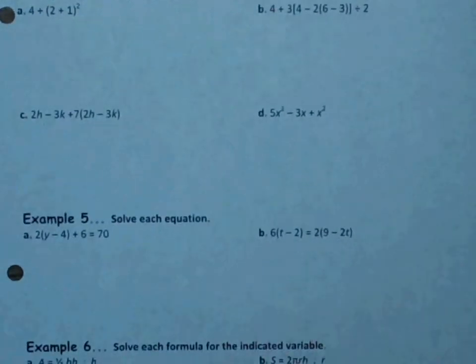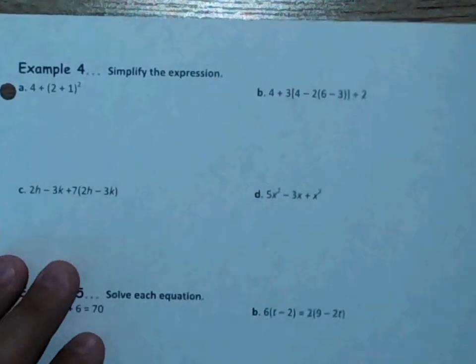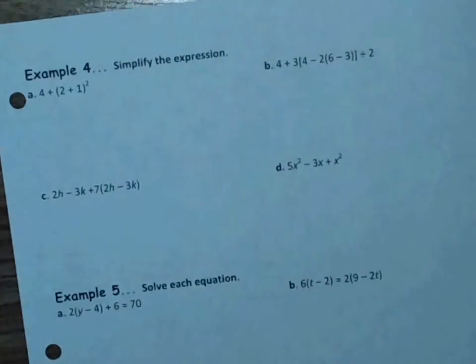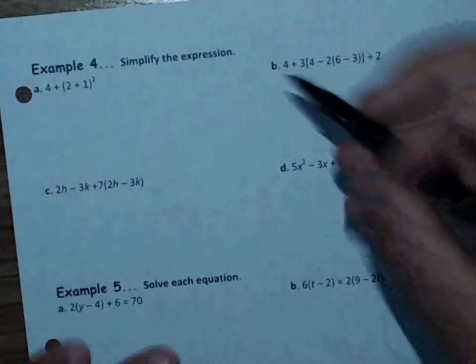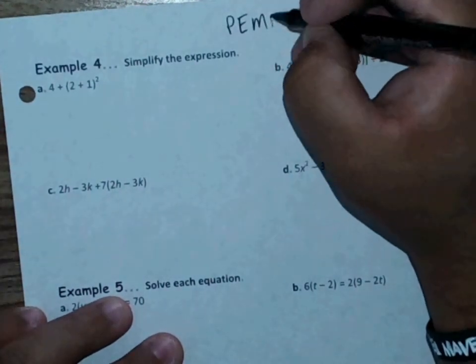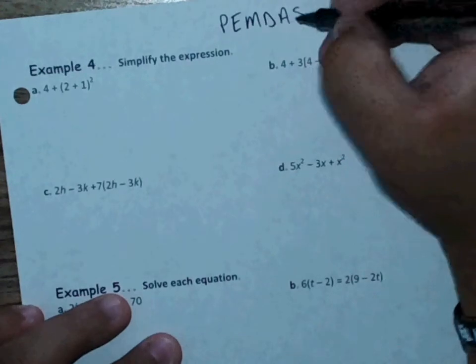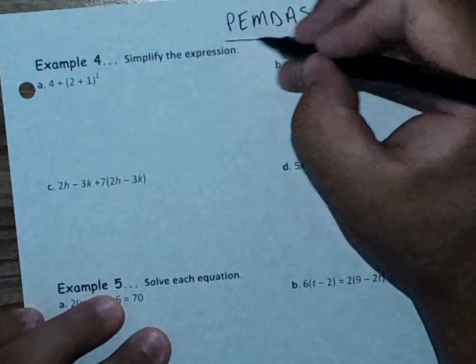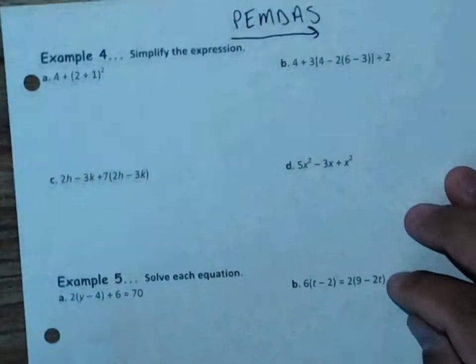And then we got a few more examples of practicing simplifying expressions. And again, all of this we're dealing with PEMDAS. Don't forget about PEMDAS, parentheses, exponents, multiplication, division, addition, and subtraction. And we usually use it going this way when we're simplifying expressions.